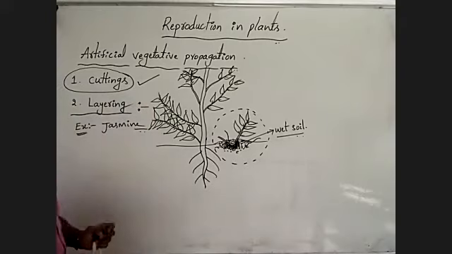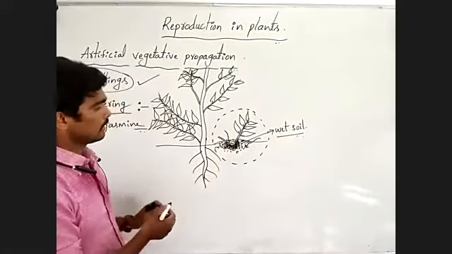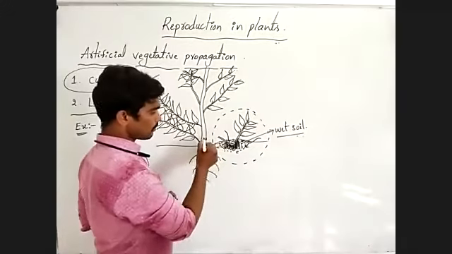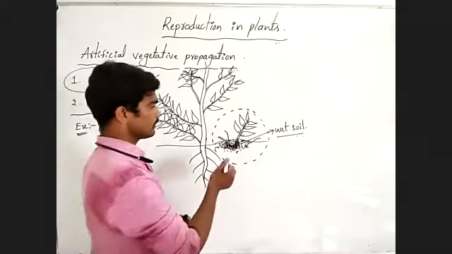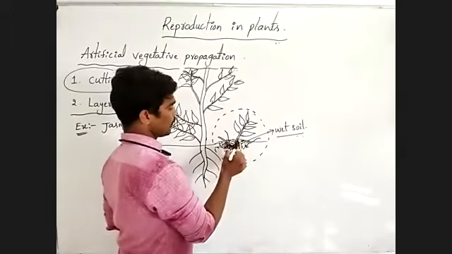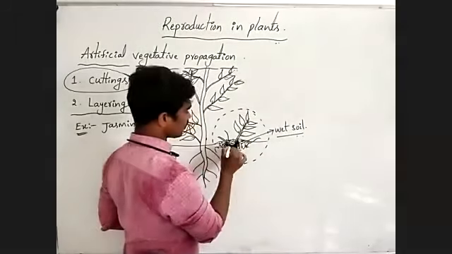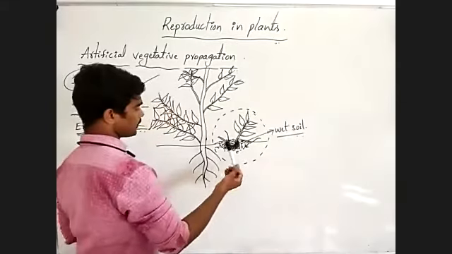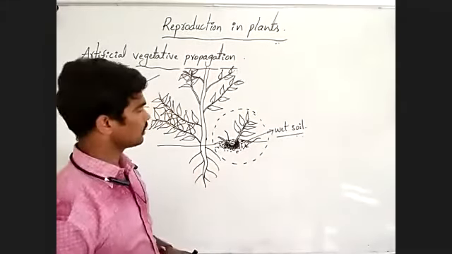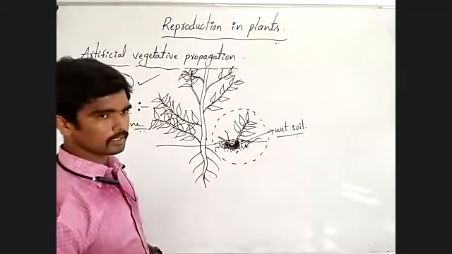Artificial vegetative propagation. First, a lower small slender branch is buried in wet soil. Then after some time, adventitious roots are developed into the soil. After development of the adventitious roots, the branch is separated from the parent plant.